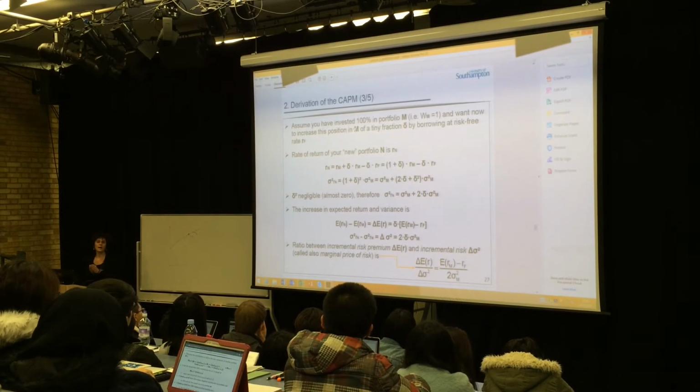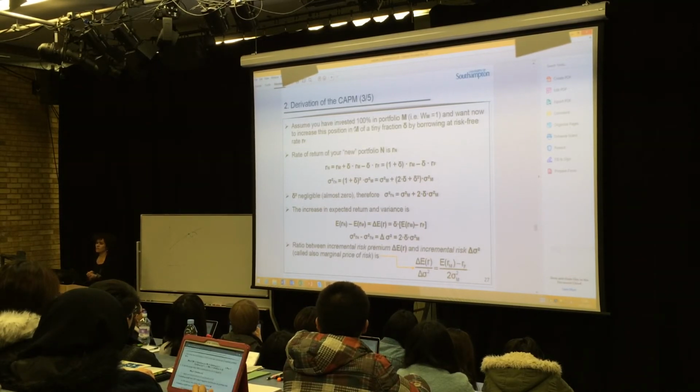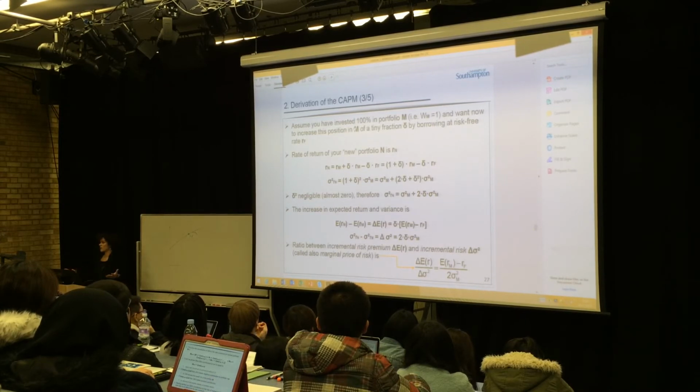So if all my money is in the portfolio M and I want to put more money in M, I need to borrow more money somehow. Based on the assumption of the model, I can borrow this money at the risk-free rate.